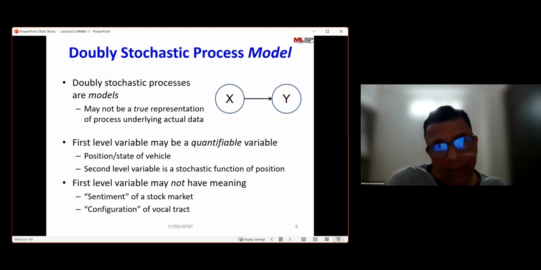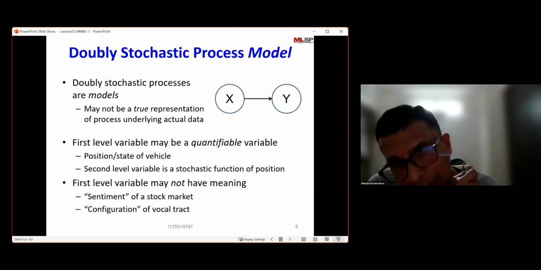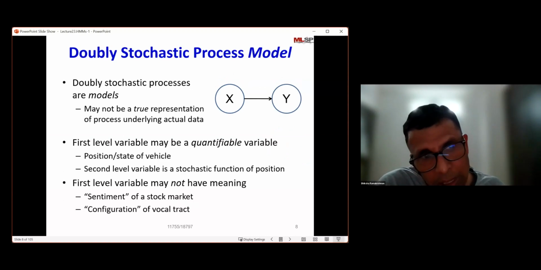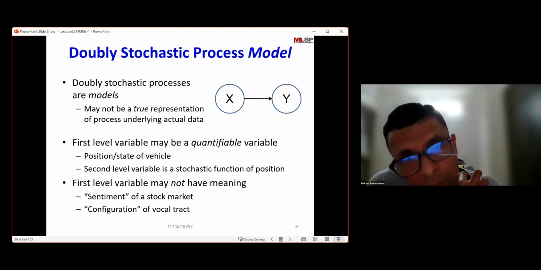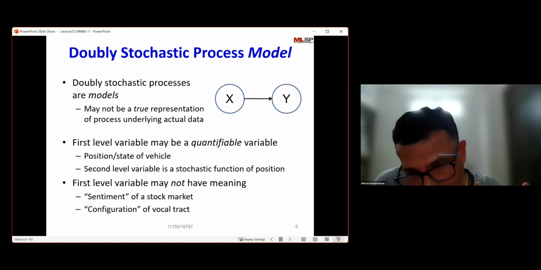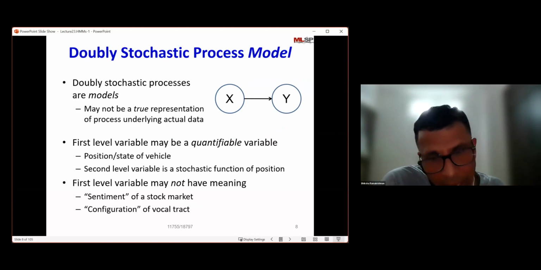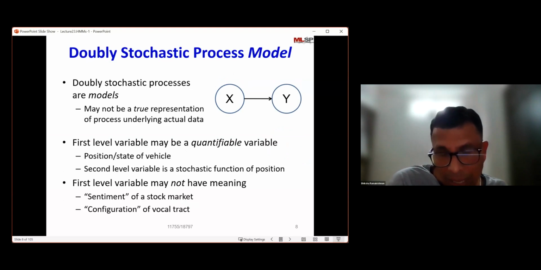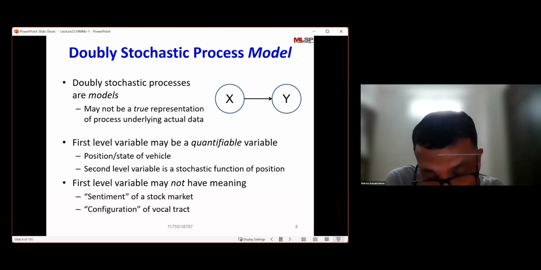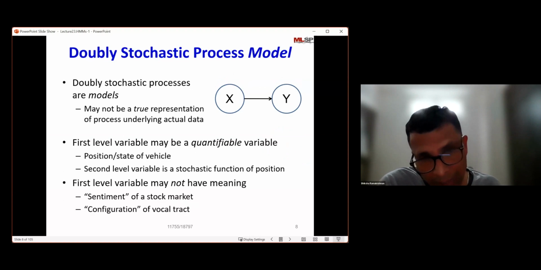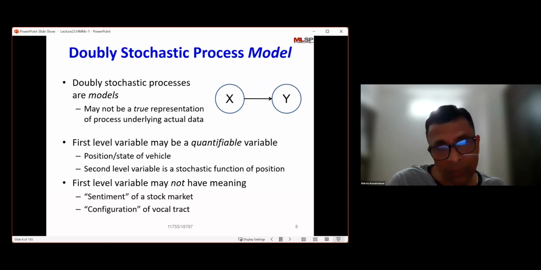And you can have an actual doubly stochastic process, or you can have a doubly stochastic process model. What I mean by this is that you see some natural phenomenon, you have no idea how it was produced, but then you can come up with a mathematical model, hypothesize that this was generated by a doubly stochastic process.